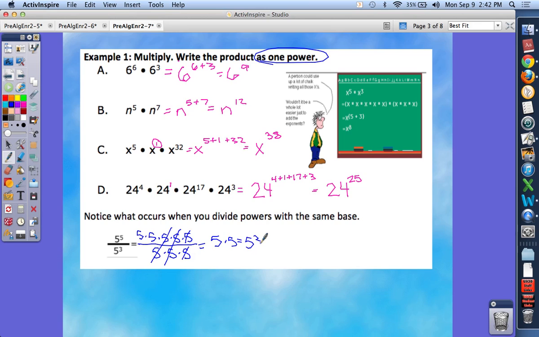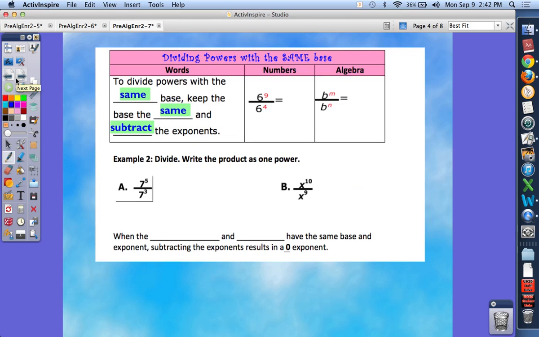Is what you thought correct? When you're dividing the same base, what do you do with their exponents? Hopefully you're saying subtract. To divide powers with the same base, keep the base and subtract the exponents. Now that makes sense. When we multiply the same base, we add it. Again, these rules only work for the same base. So if I'm doing 7 cubed times 5 to the 4th, I can't do anything with that unless I find what these numbers actually are.